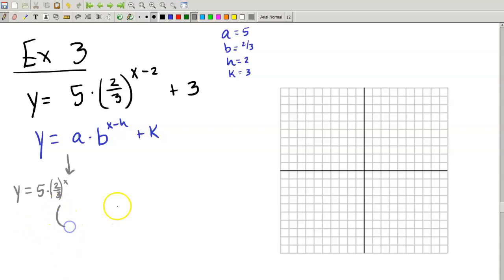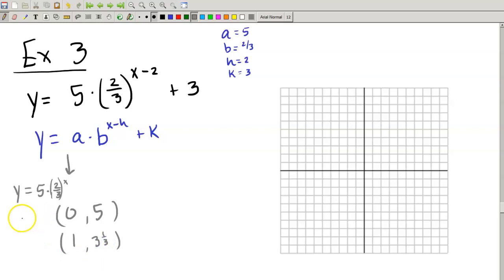The 2 key points are going to be plugging in x equals 0 and x equals 1. If I plug in 0, you can just look it up. I know I'm going to get the a value, which is 5, right? If I plug in 1, I'm going to get 5 times 2/3, which would be 10/3, or 3 1/3.